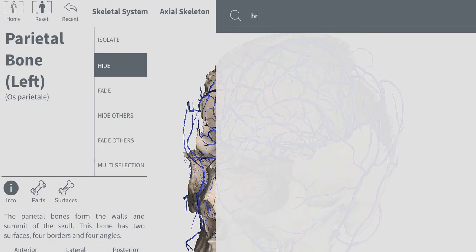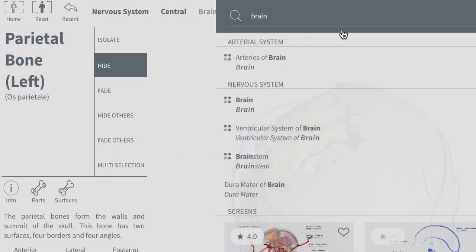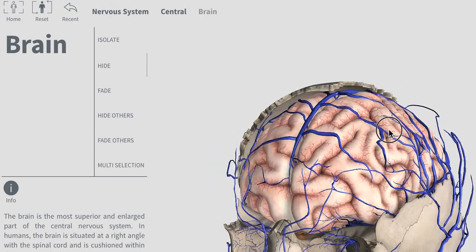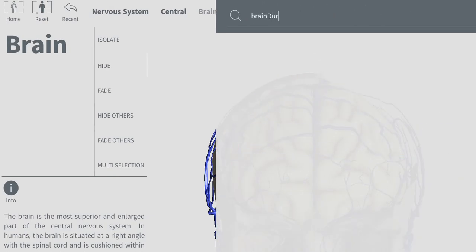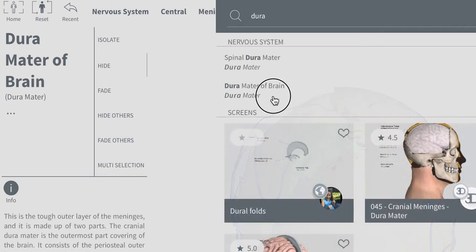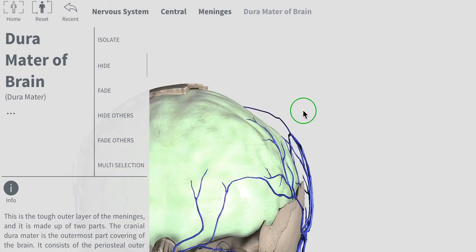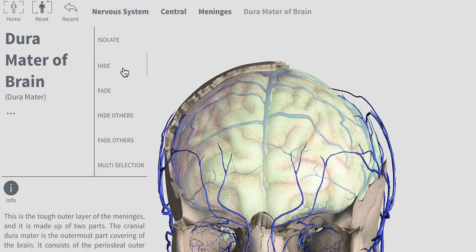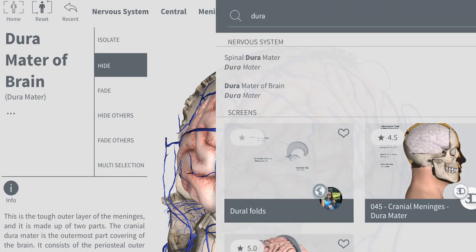Now let's just bring the brain up here. Brain. Okay, here we go. Now the brain, it's not showing the Dura Mater. Dura Mater of the brain. Now, as we get the dura out, we can sort of see that it might have been labeled with a different name.